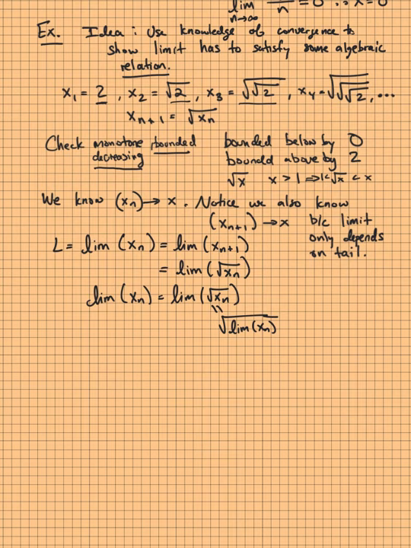So therefore, this limit, which I'm calling L, I have that L is equal to the square root of L. Okay? Which means that L is equal to 0 or 1, but the x_n's are greater than 1 for all n. So the limit can't be 0, so the limit has to be 1.